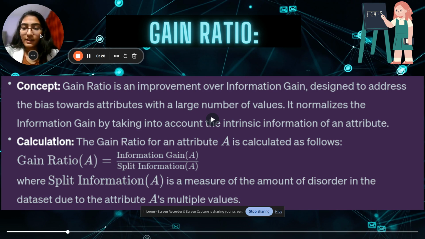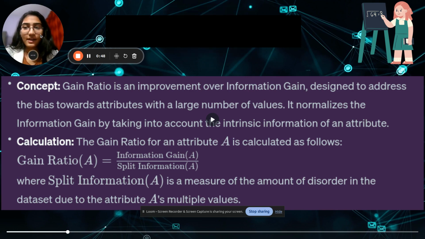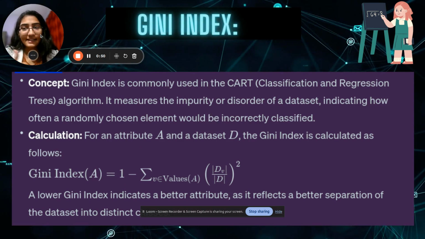Calculation of gain ratio is as follows. Gain ratio A is equal to information gain A divided by split information A, where split information A is a measure of the amount of disorder in a dataset due to attribute A's multiple values.